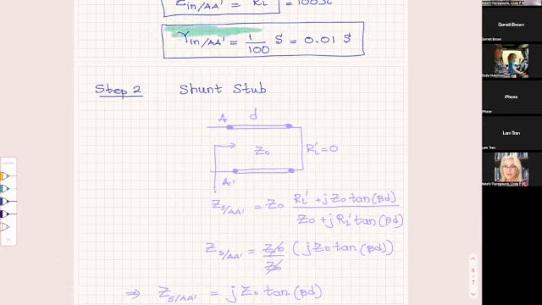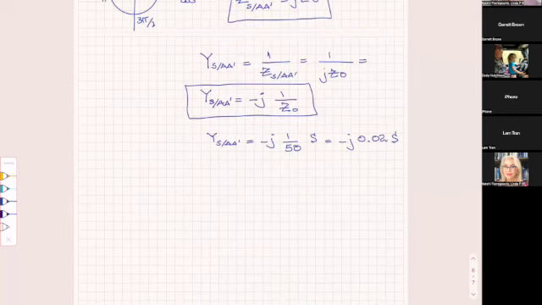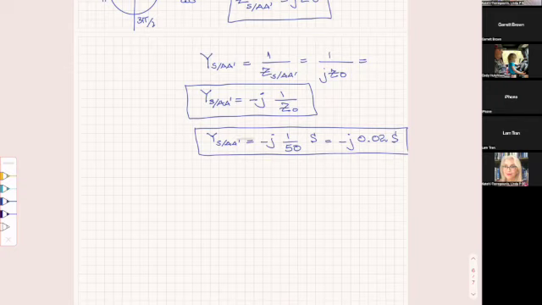We were trying to calculate this. So now the total admittance at AA prime is the sum of the two admittances.